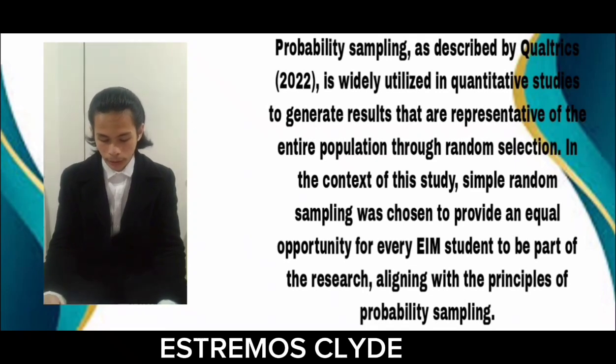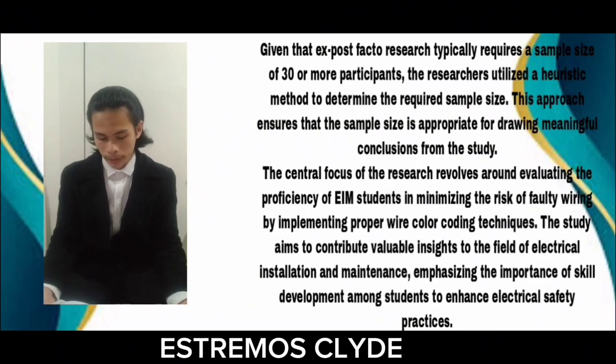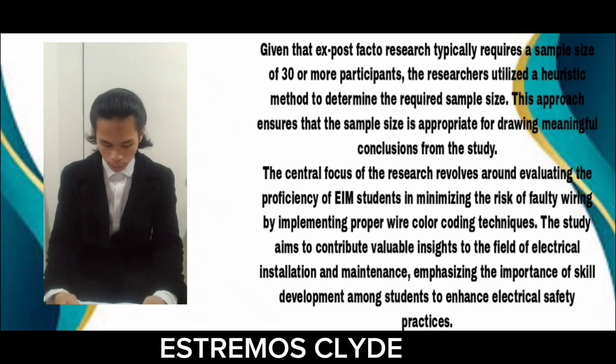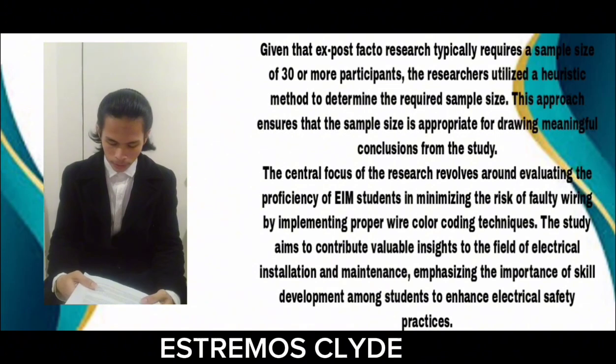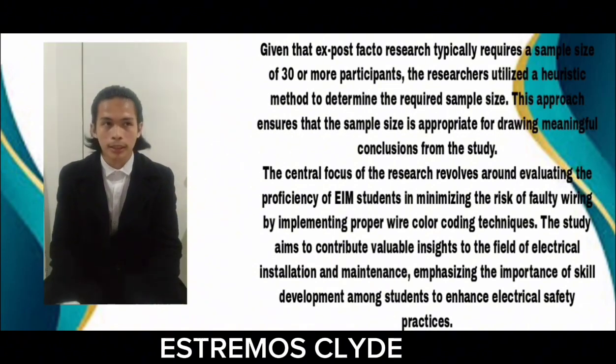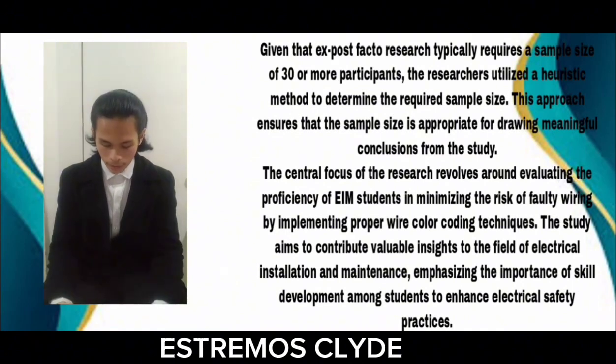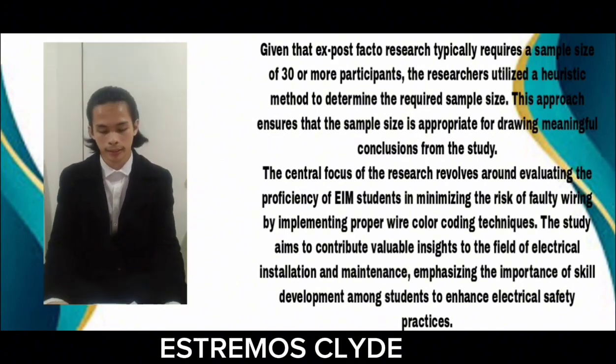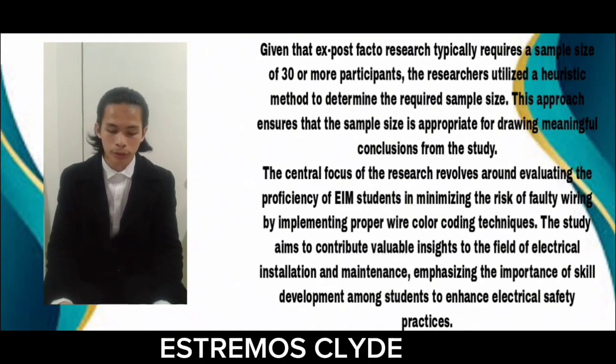Aligning with the principles of probability sampling, given that ex post facto research typically requires a sample size of 30 or more participants, the researchers utilized a heuristic method to determine the required sample size. This approach ensures that the sample size is appropriate for drawing meaningful conclusions from the study.